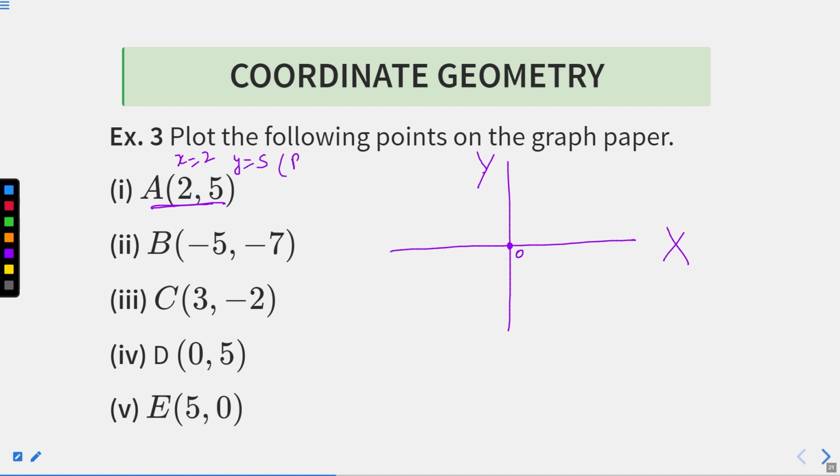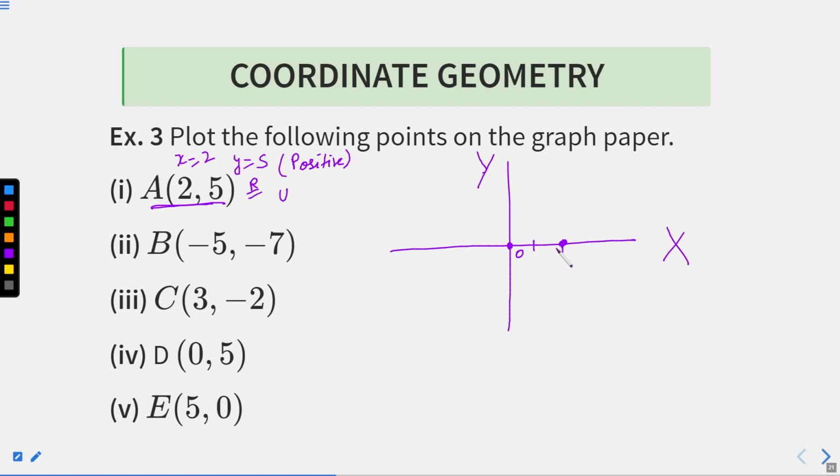Both are positive, meaning x goes right and y goes up. Okay, clear? So x equal to 2. So I have to move 2 points to the right side. 1, 2. So I am standing here now.